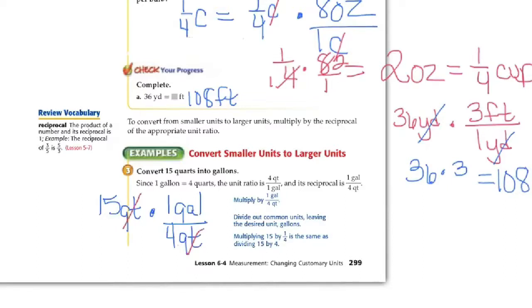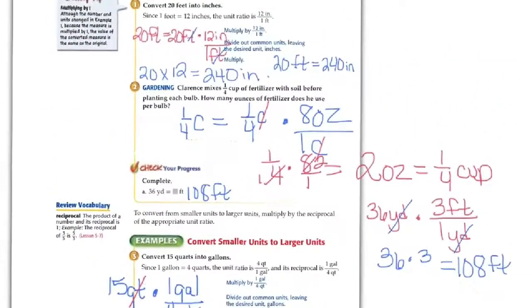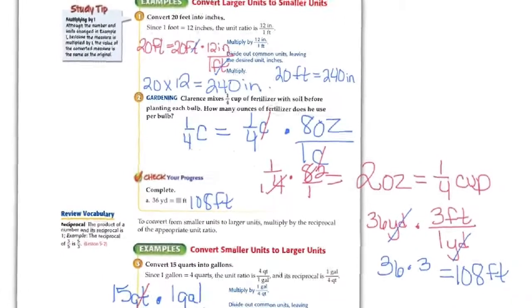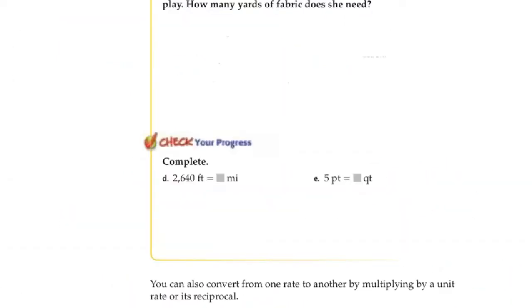Then we would multiply straight across, and we would get 15 over 4, which then we would divide, and we would get 3.75 gallons. So 15 quarts equals 3.75 gallons. Okay, all right. Let's go ahead and go to the next page.